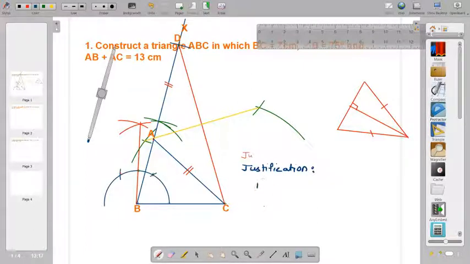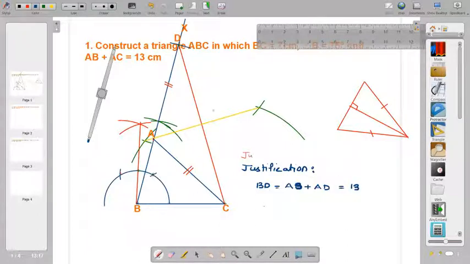How will we get it? Actually, BD we have drawn 13. How can we say BD as BA plus AD? That means BD equals AB plus AD, that equals 13, from construction.